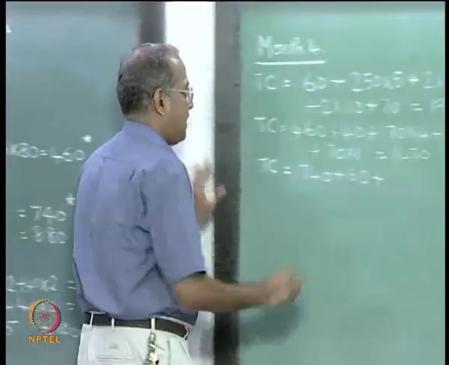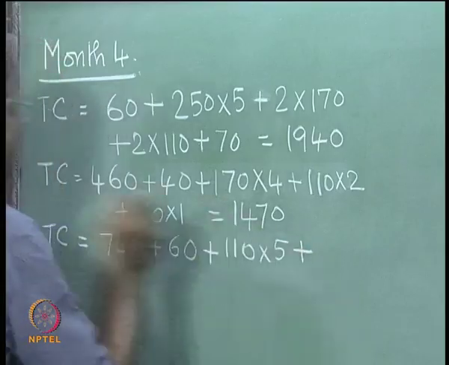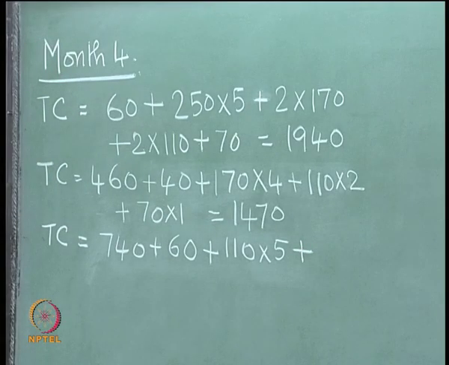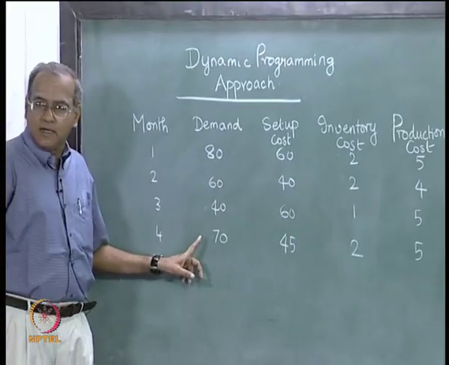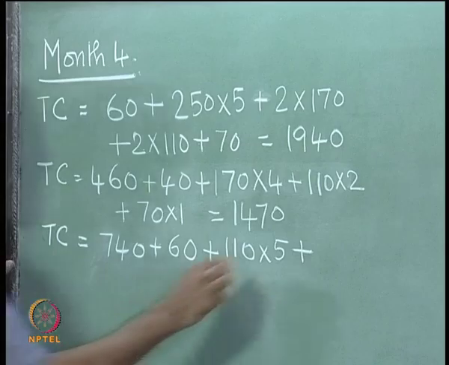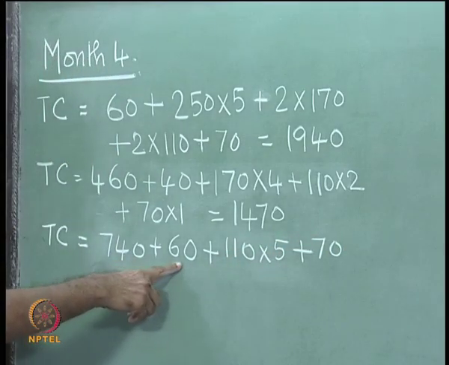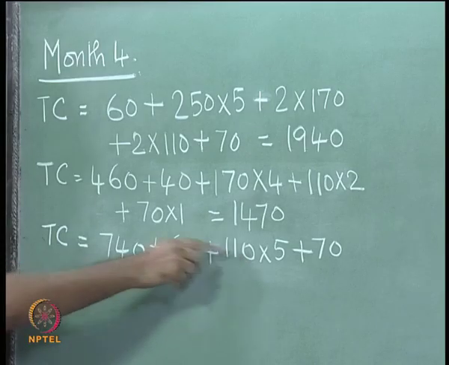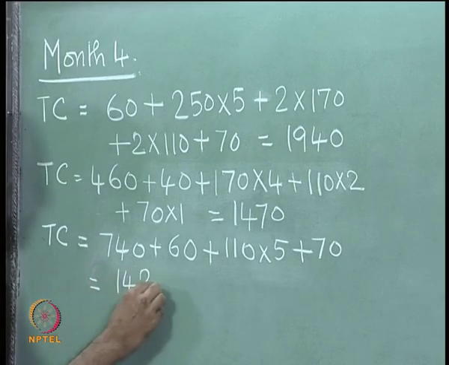So, 110 into 5 plus out of these 110, 40 is consumed, 70 is carried, 70 into 1 is 70. So, this is 740 plus 60 is 800, 800 plus 550 is 1350 plus 70 is 1420.